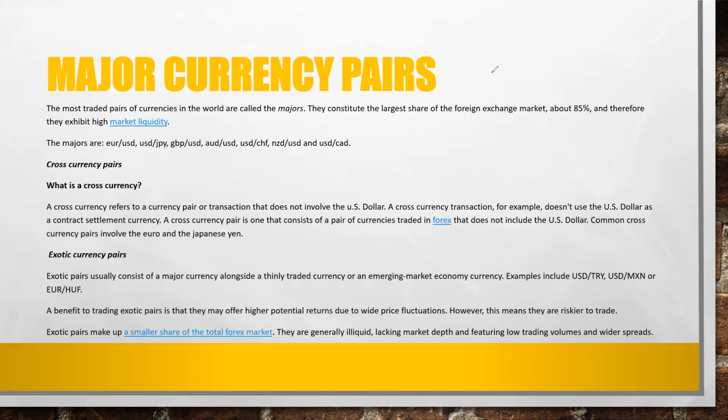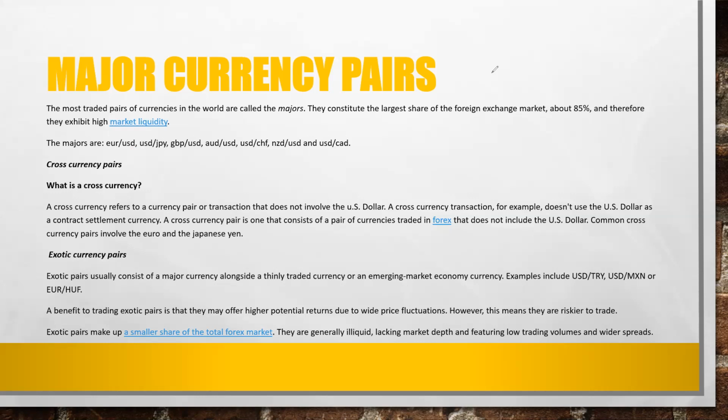Common cross-currency pairs involve the euro against the Japanese yen. We can talk of the Great British Pound against the Japanese yen, or the Australian dollar against the Japanese yen. As long as it's not paired to the United States dollar, it ceases to be a major currency pair.